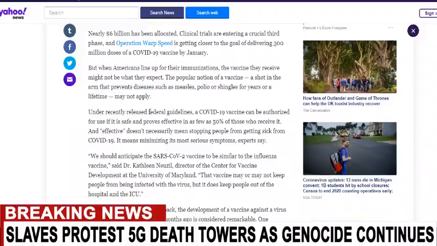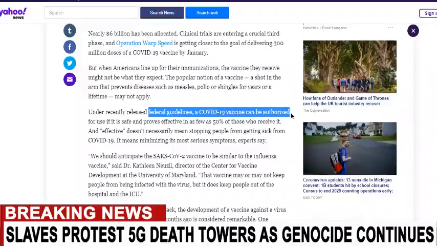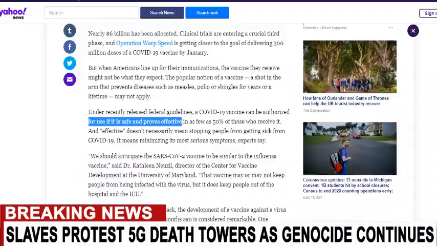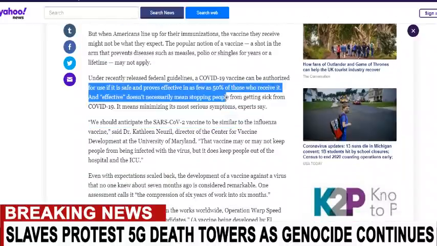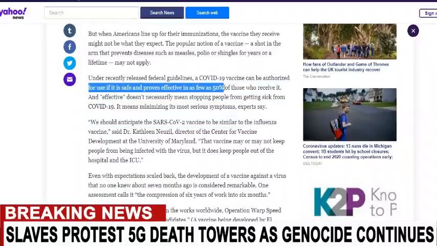Recently released federal guidelines say that a COVID-19 vaccine can be authorized for use if it is safe and effective in as few as 50% of the people. Let's hope they mean effective and not safe. In any case, you won't be able to sue any of the vaccine makers for their COVID vaccines, so there's no telling what's in it.